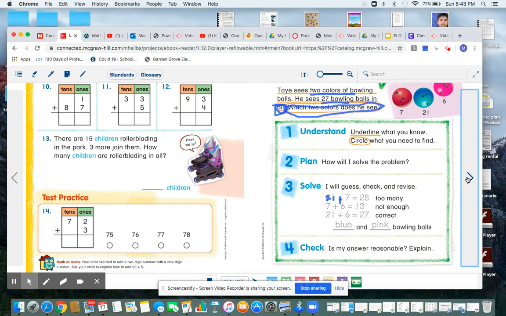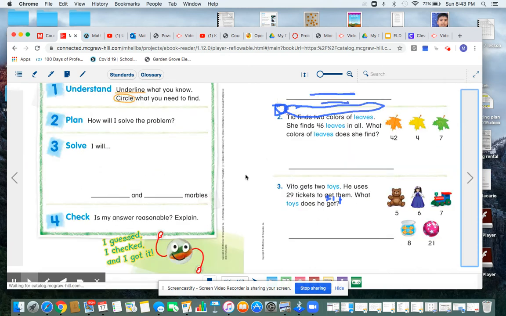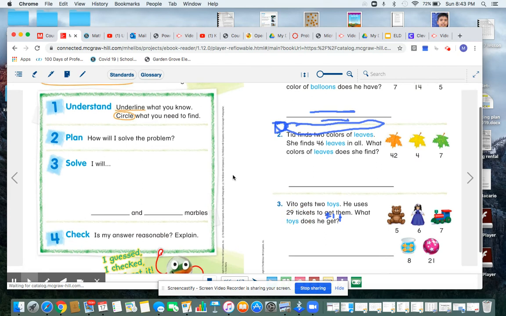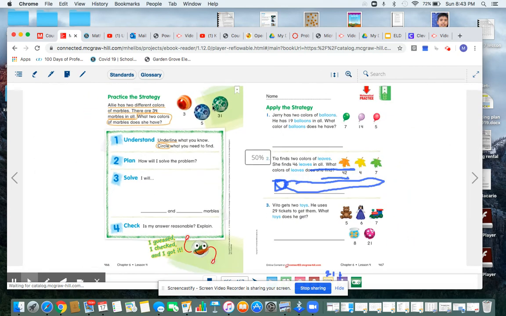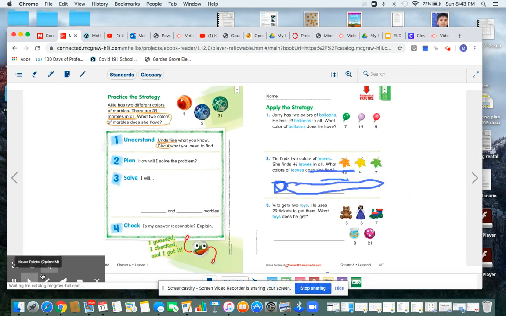So let's go to the next question. Okay, so here, I'm going to highlight the important information. We're going to understand. Allie has 2 different colors. So here, 2 different colors, to me, that's important. 2 different colors of marbles. There are 34 marbles in all.